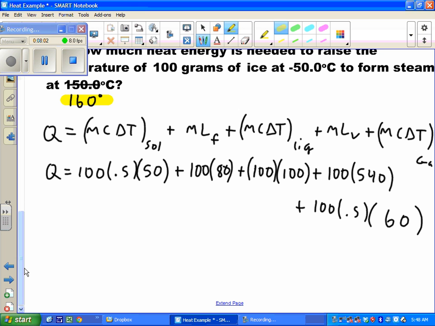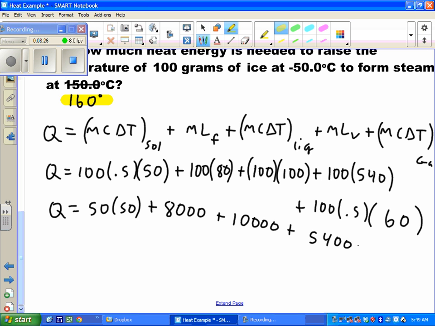So once we have this, we can just go straight into math. We have half of 100 is 50 times 50. This is 8,000. This is 10,000. 54,000.